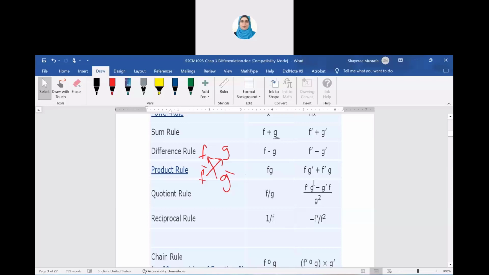Its derivative will be 0, so this term is cancelled, and g here is equal to f, so we have minus the derivative for f times 1. So this is a special case.